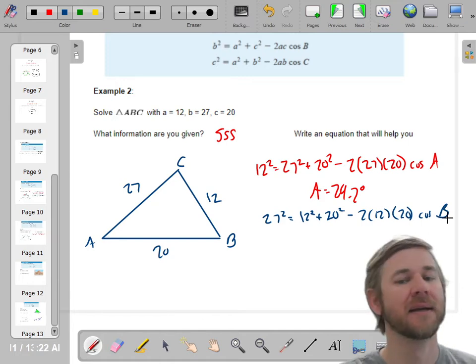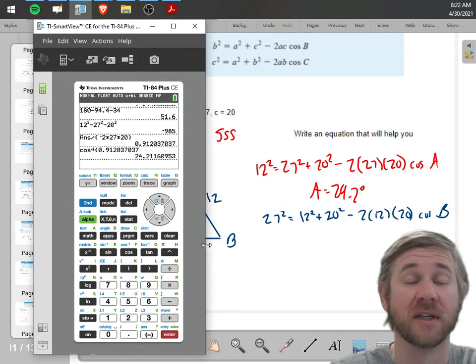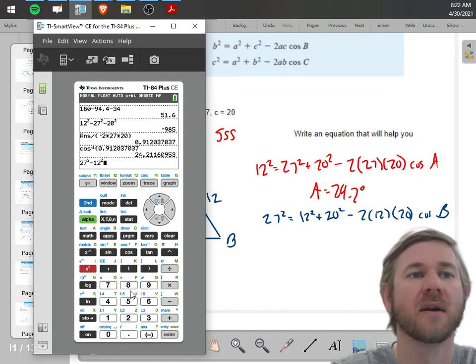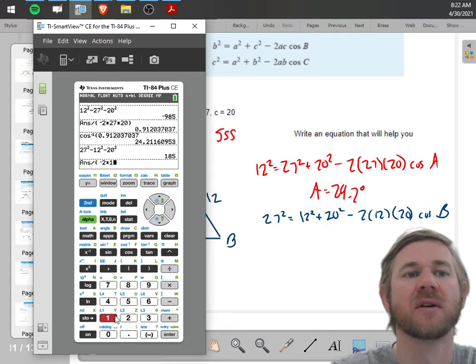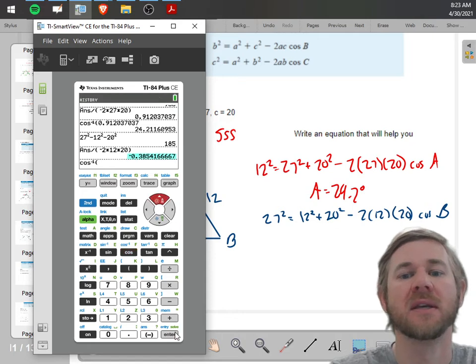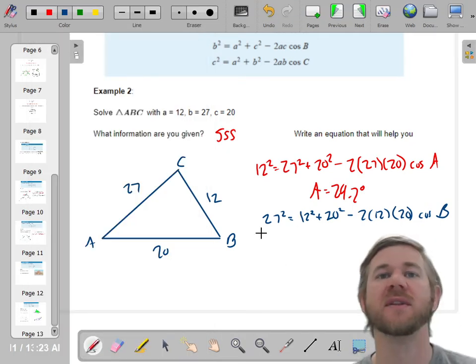So to find B, you kind of get the hang of it once you've done one of them. 27 squared minus 12 squared minus 20 squared divided by negative 2 times 12 times 20. That's the cosine of B. So again, inverse cosine, we'll get B is 112.7.